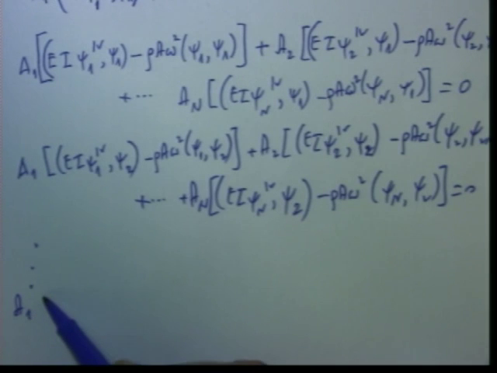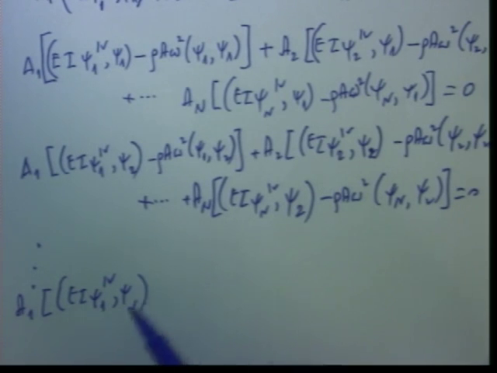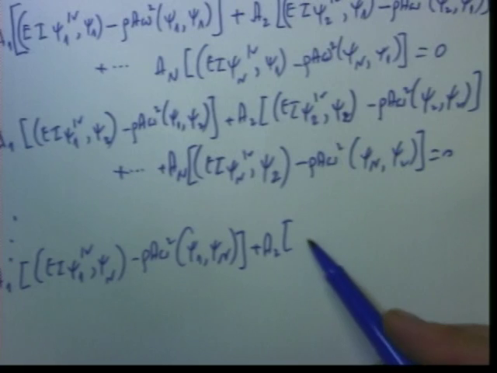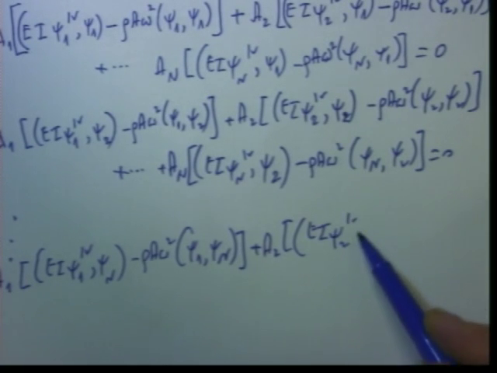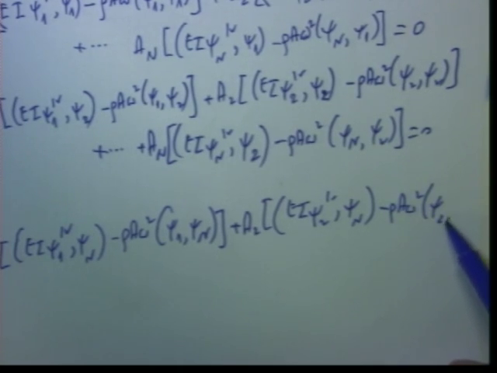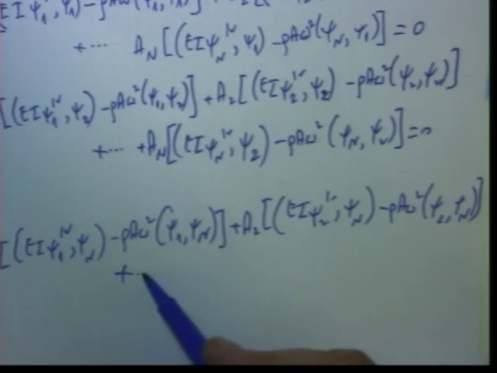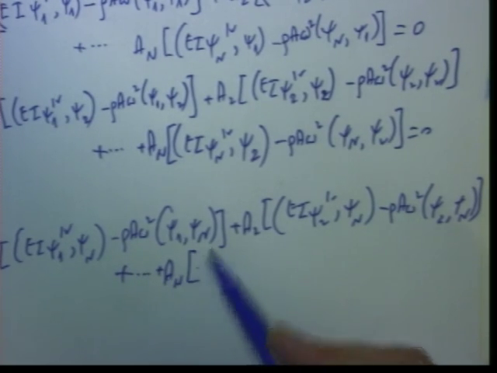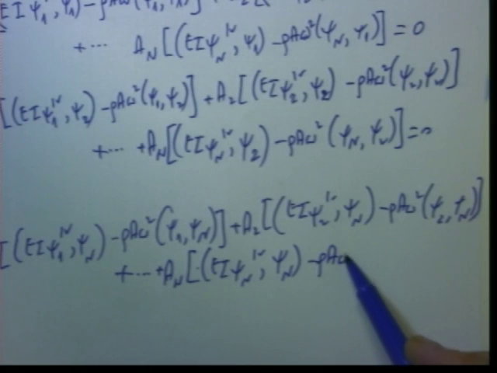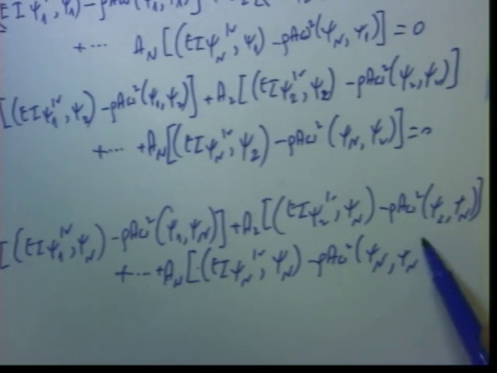So the nth equation will be A1 EI psi 1 fourth derivative psi n minus rho A omega square psi 1 psi n, plus A2 EI psi 2 fourth derivative psi n minus rho A omega square psi 2 psi n, plus A sub n EI psi n fourth derivative psi n minus rho A omega square psi n psi n equals 0.